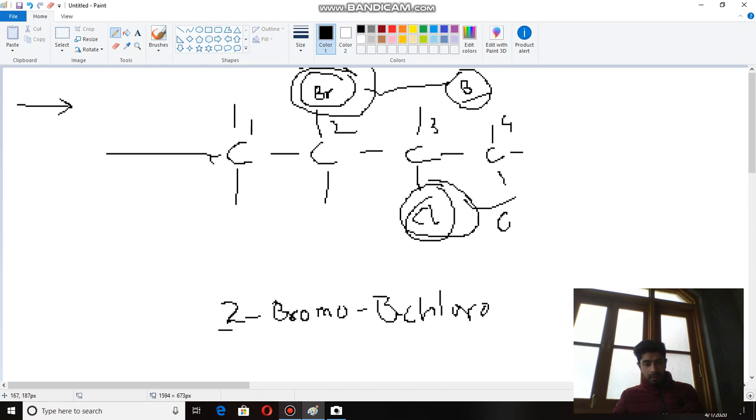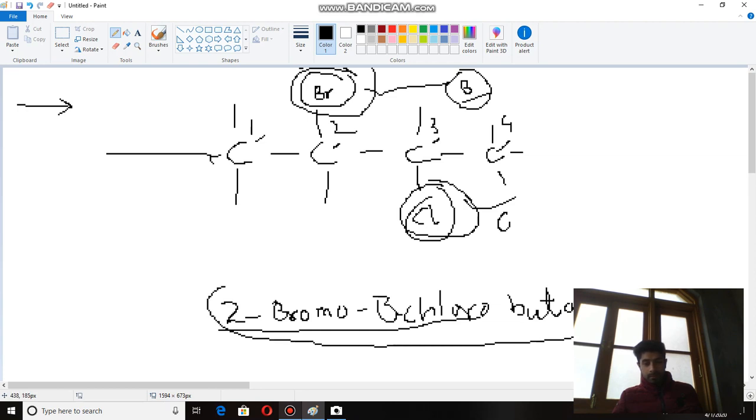And these are the secondary prefixes. Then comes the word root, 1, 2, 3, 4. It's bute, and the primary suffix, single bond, and no secondary suffix here also. This is the name for this compound.